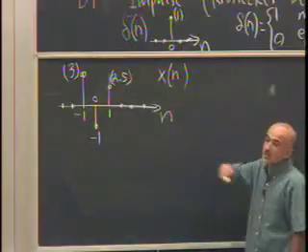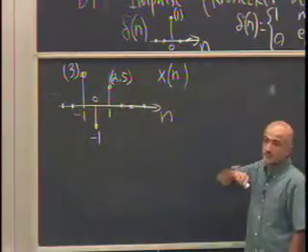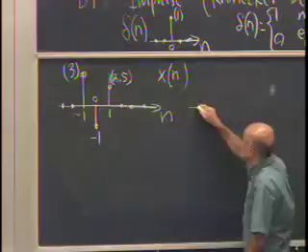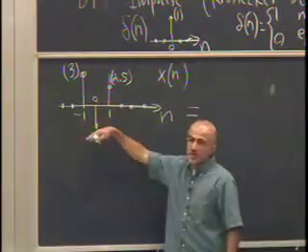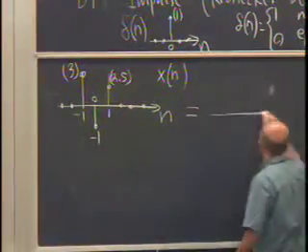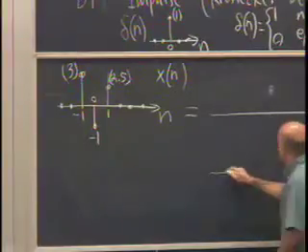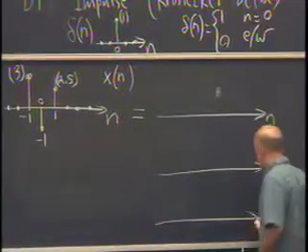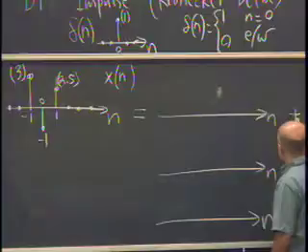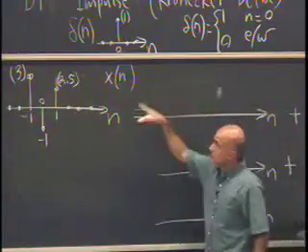Okay, so should I just read it out to you? Tell me how to draw it. How to draw the decomposition. So how many non-zero values do you have? 3. So I want you to tell me what the 3 functions are that I have to add to get back this.